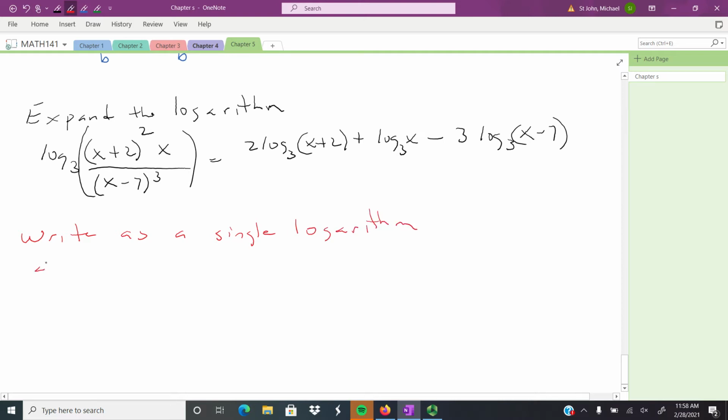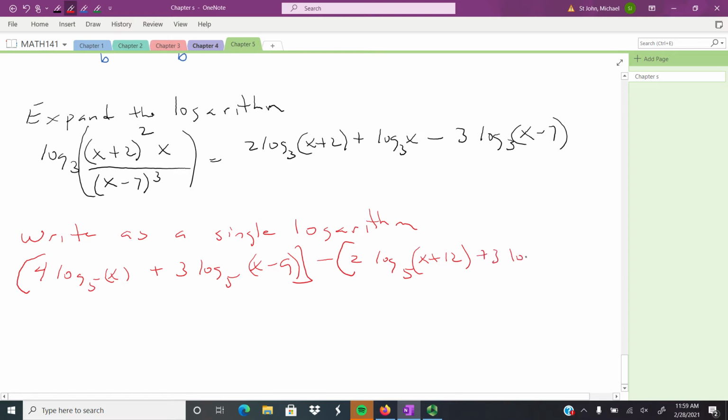So given 4 log base 5 of x, 3 log base 5 of x minus 9, minus, and over here, 2 log base 5 of x plus 12, plus 3 log base 5 of x minus 11.